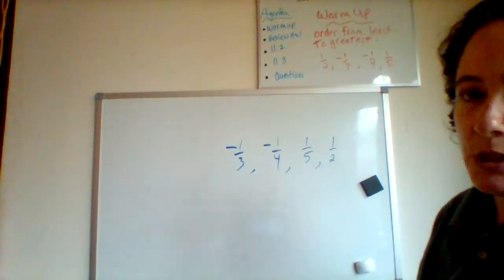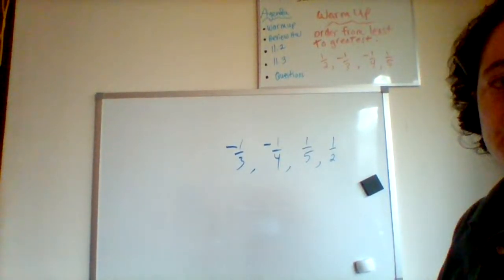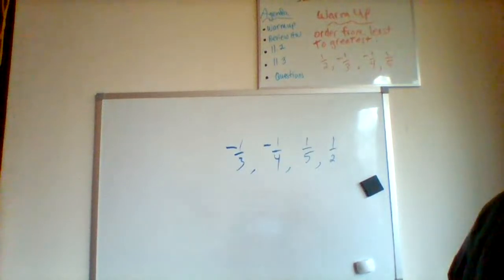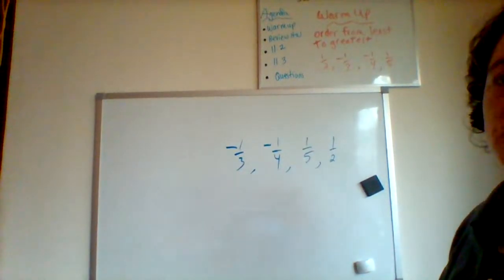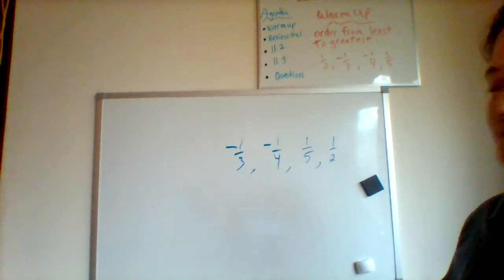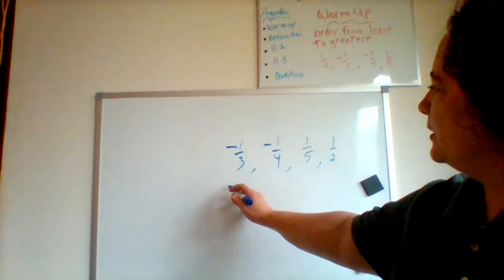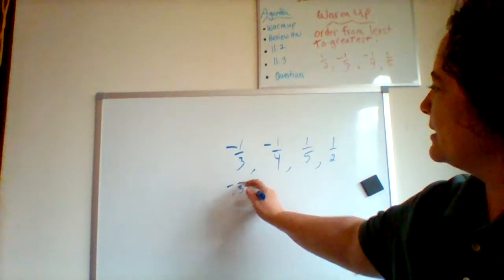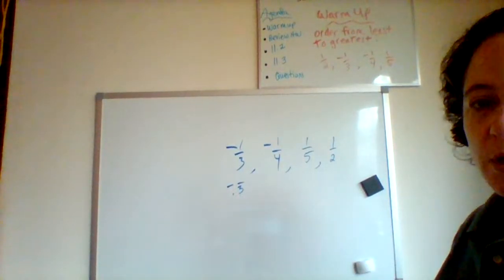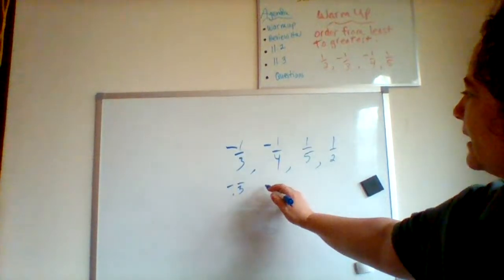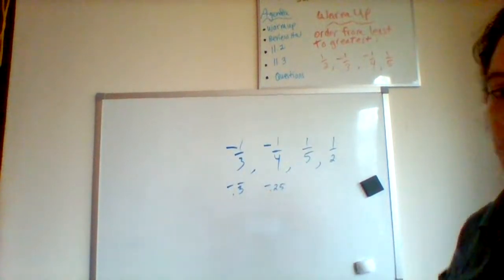we can look at this a few different ways, all right? We can look at this as what are their decimal equivalents. So for this one, it would be like a negative 33 cents. For this one, it would be like a negative 25 cents.